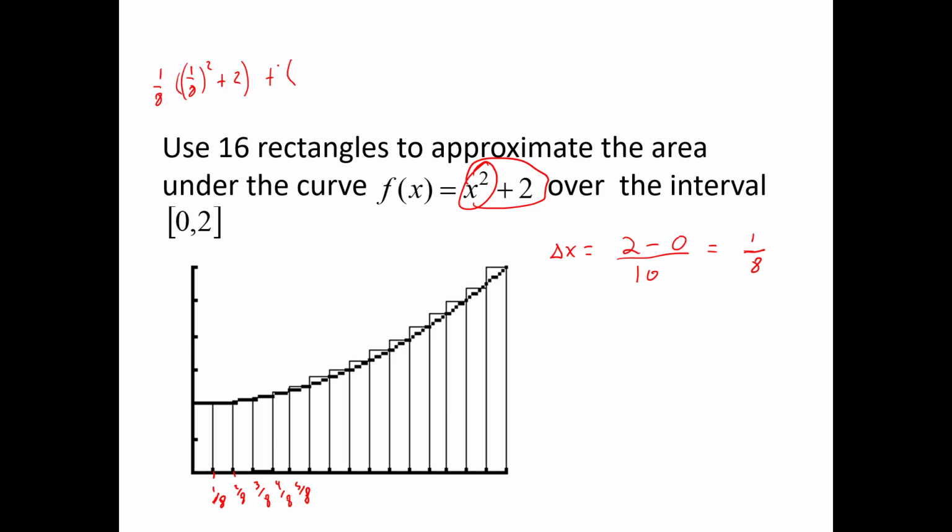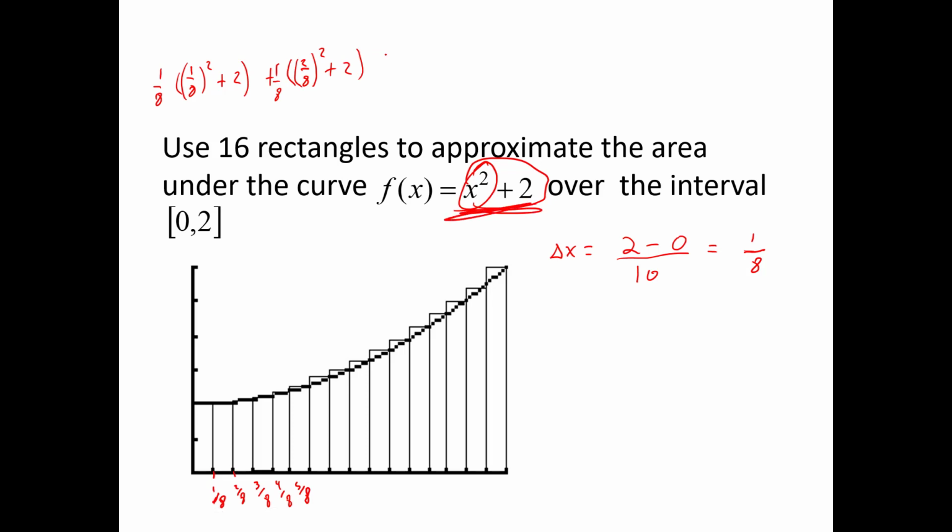Plus for the next rectangle, the width is 1/8. And then you're going to put in 2/8. And again, it works better if you don't reduce here. You're going to square that. Add 2. All I'm doing is putting the right endpoint into this formula right here.